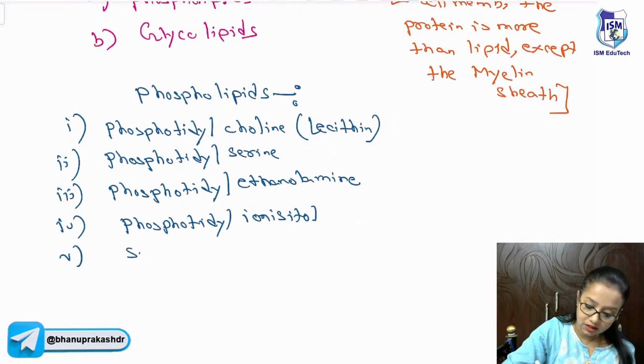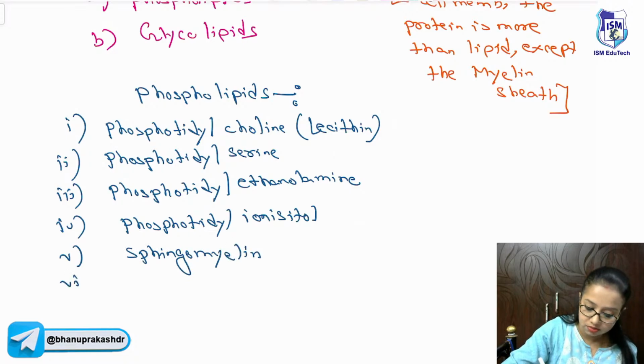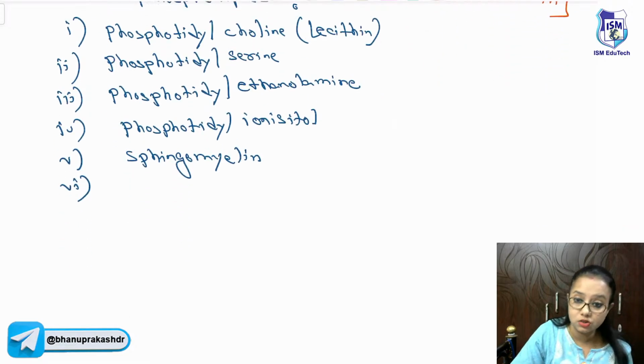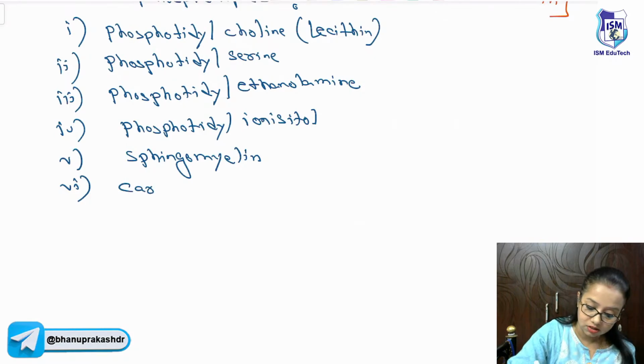Then we have sphingomyelin, and also another important phospholipid which is present in the inner surface of the mitochondria and is called cardiolipin.